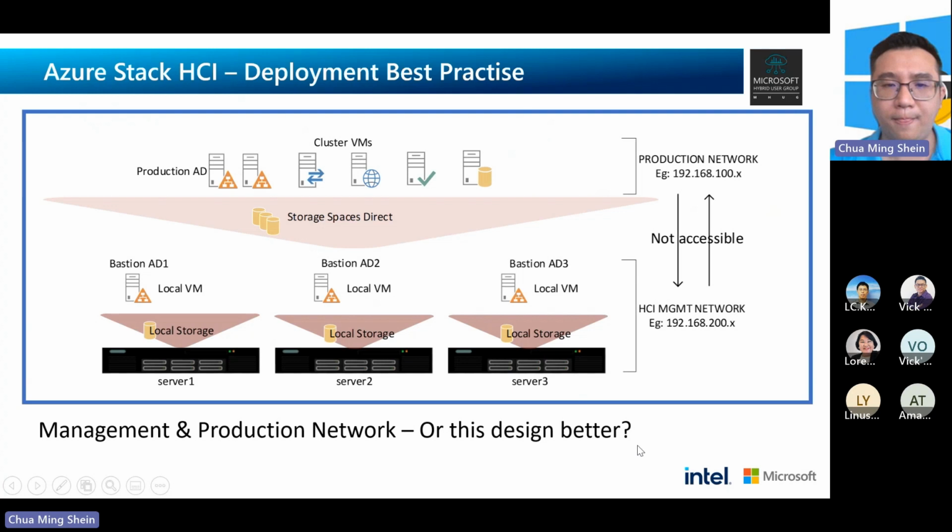Compared to this one, where you split up the HCI and the production network. So which one is better? For me, I would say definitely this one is better. You split them out, and if possible, make them not accessible to each other. This will make the entire system more secure.